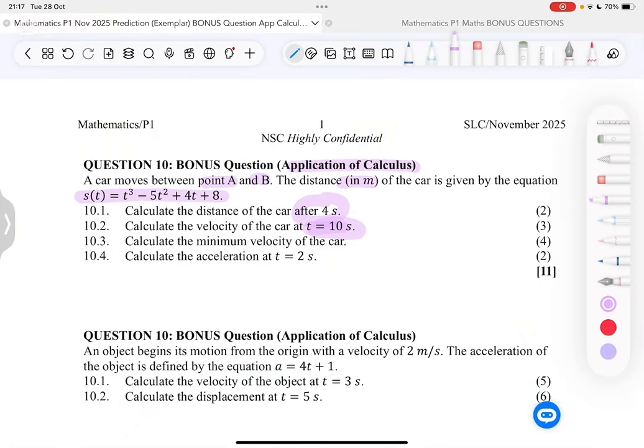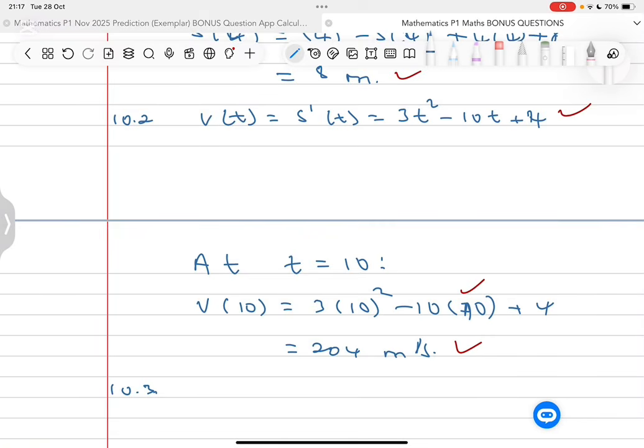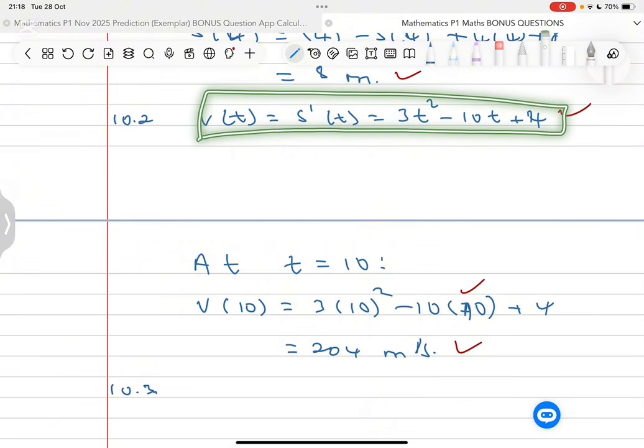Now the next question, which is 10.3, says calculate the minimum velocity. So they want us to get the minimum velocity of the car. Already we have an equation that defines velocity here. And we know that at the minimum, our derivative should be equal to 0, meaning that we can look at this as a parabola and we want to find its minimum value.